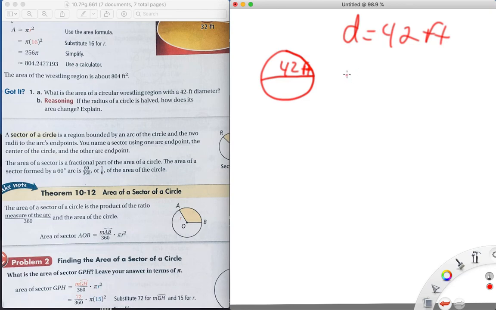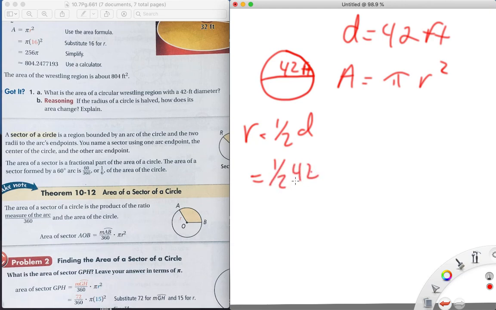Well, remember that area equals pi r squared. Since our diameter is 42, our radius is going to be half of the diameter. So our radius is half of 42, so our radius is 24.